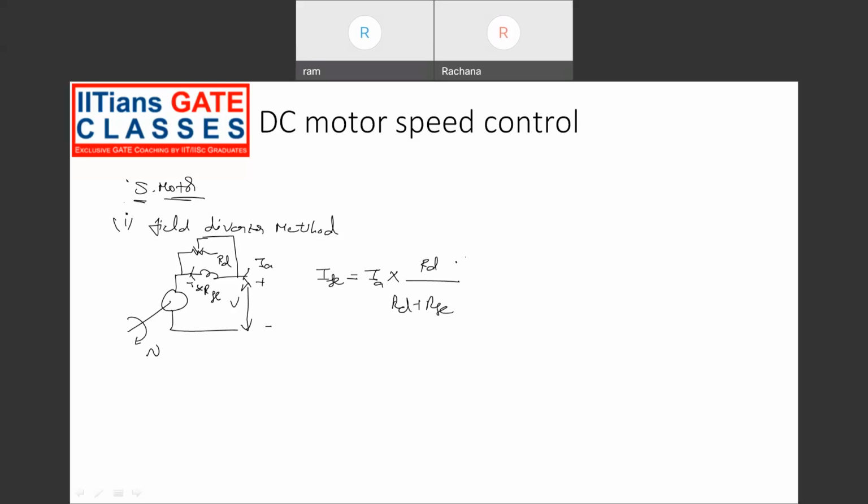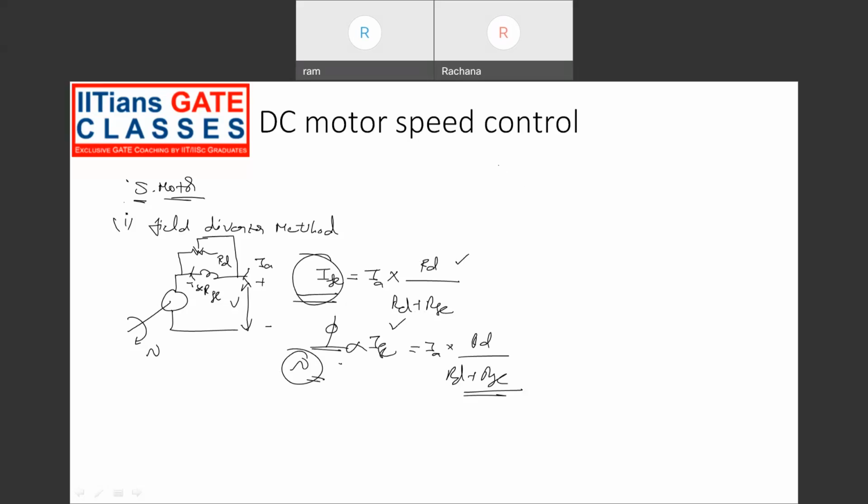So by changing the value of RD, I can control the value of ISC. When ISC varies, the flux will vary, and when flux varies, speed will vary. So the flux is proportional to ISC, which is equal to IA into RD by (RD plus RSC).